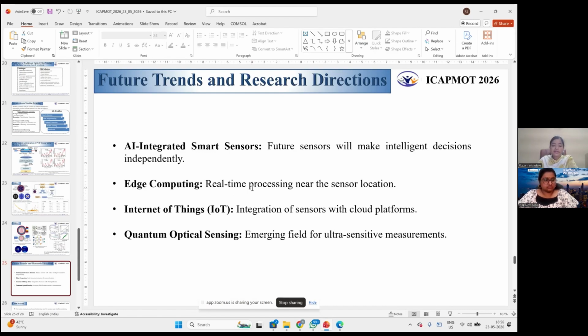Nowadays there is also a trend of the Internet of Things, so these sensors can be integrated with IoT and the cloud with the help of cloud platforms. And these sensors can also be utilized in optical quantum sensing, an emerging field for ultra-sensitive measurements.